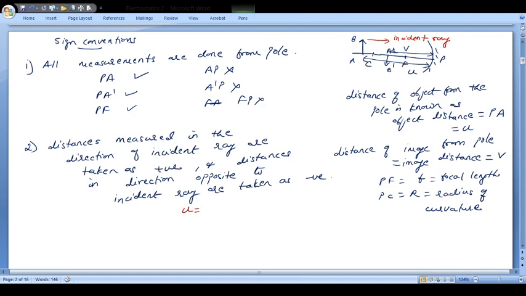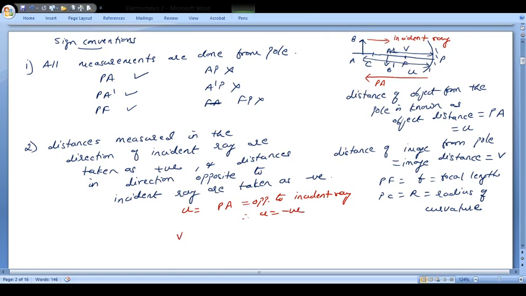U is PA. In measuring PA, you are going from P to A. So is PA in the direction of incident ray or opposite? It is opposite. So according to the sign convention, U is PA, which is opposite to incident ray, and therefore U is negative.